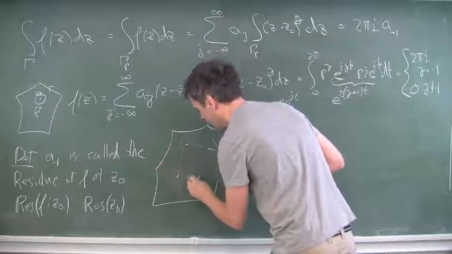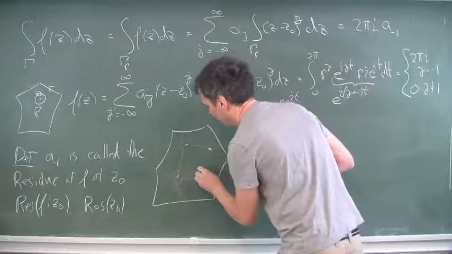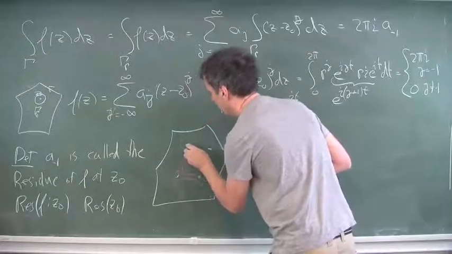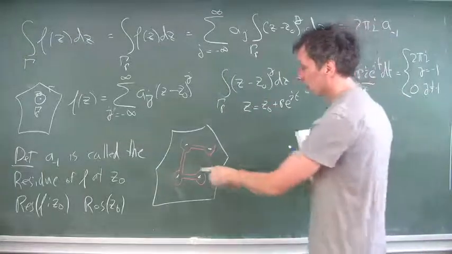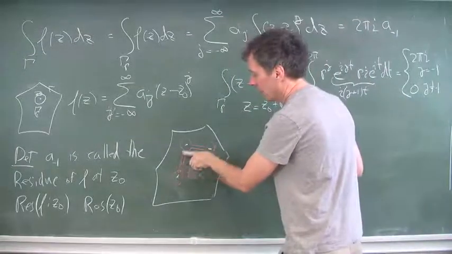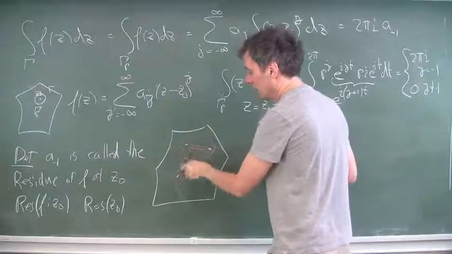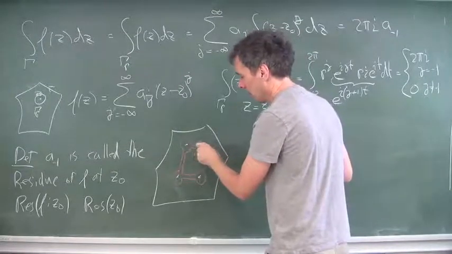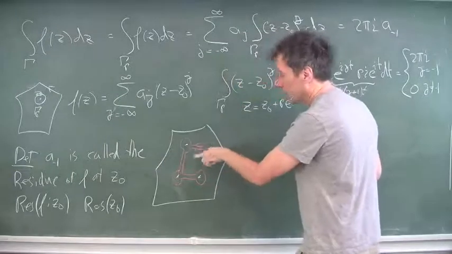We'll get something like this. And then in the limit case, these corridors here will shrink to just lines, and then both the contributions, when you go this way and that way, they will cancel out.